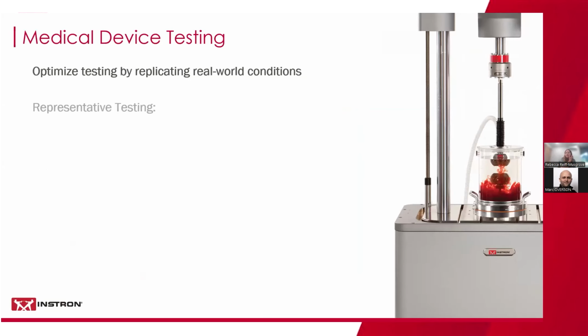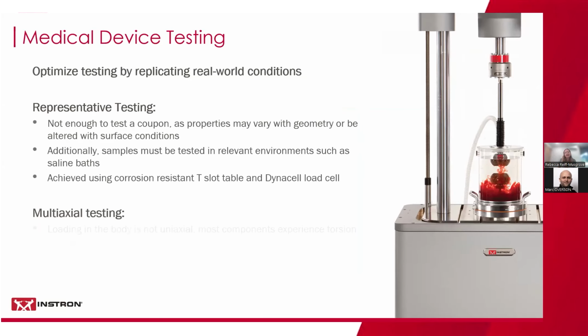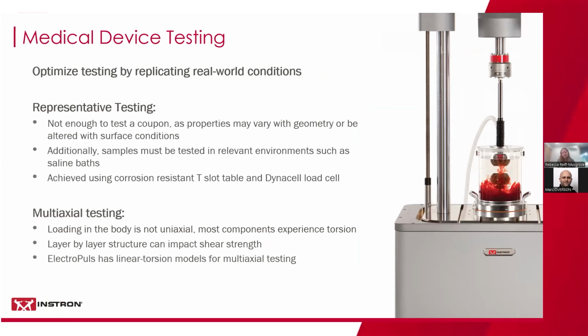So when we think to medical device testing, what we want to optimize here, and again, of course, throughput, and standards, we want to meet standards, but the one that I'm highlighting here is replicating real world conditions. So we want to have essentially representative testing. But then if we think about when we test, often we just test a coupon, as properties might vary with geometry or be altered with surface conditions. Actually, we want to test a specific part.